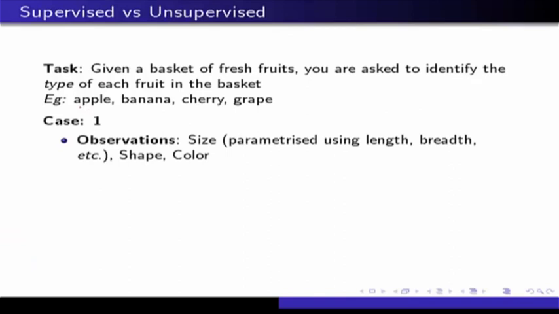So the types could be apple, banana, cherry or grape. Now, your task could be simpler if you had observations such as the size, the shape, or the color of these fruits.